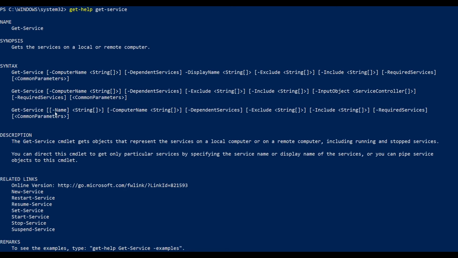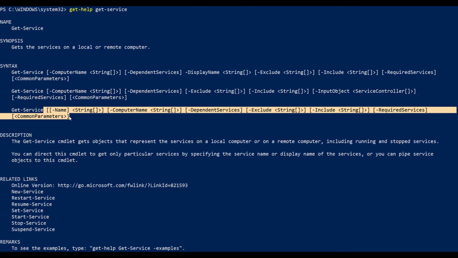So if you're straight away starting with the name of the service, the Name parameter, then PowerShell automatically determines you're going to use the third syntax. So it will not accept InputObject or DisplayName. So you should proceed with ComputerName, DependentServices, Exclude, Include, RequiredServices. So this combination you should use if you go ahead with hyphen Name as the first parameter.